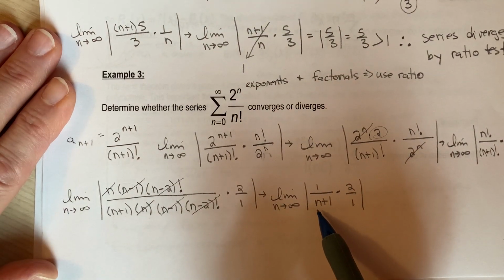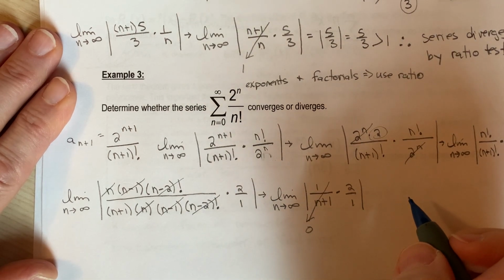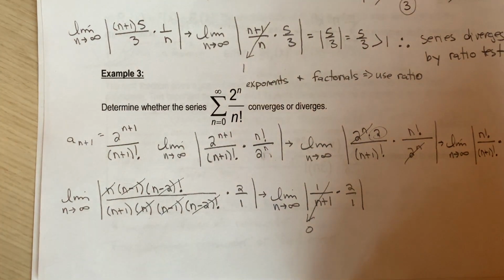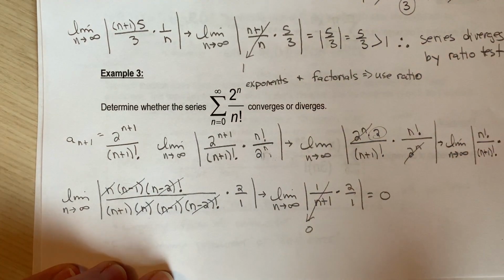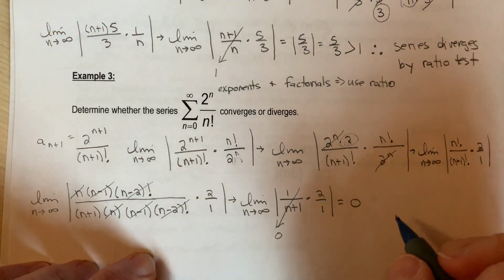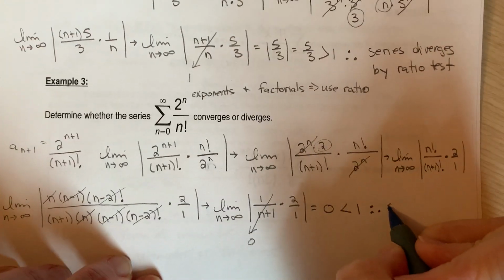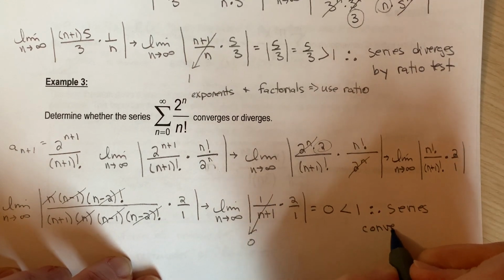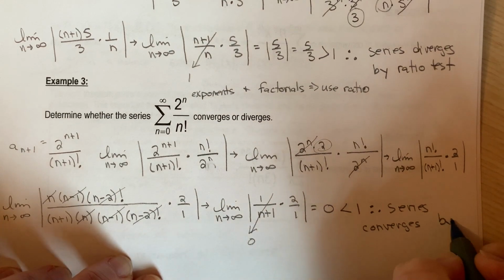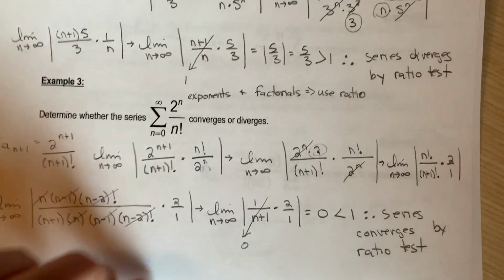As n approaches infinity, this would approach 0, and 0 times 2 is 0, so my limit is 0. So this is less than 1, so the series converges by the ratio test. All right.